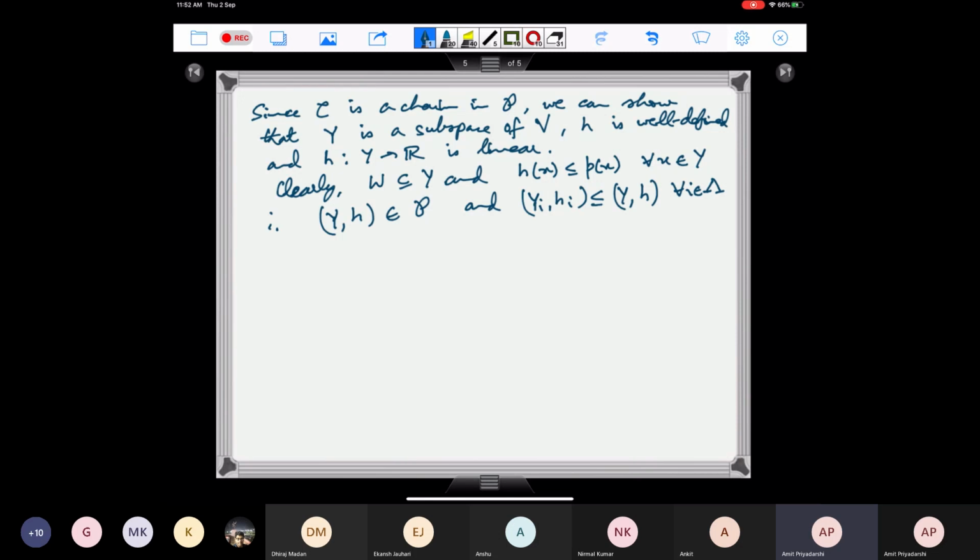So therefore every chain in P has an upper bound. So by Zorn's lemma, this P has a maximal element.